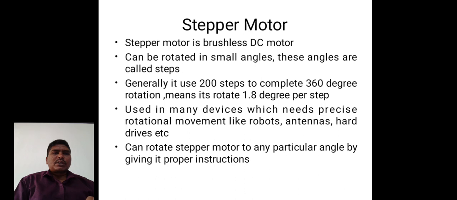The stepper motor is a brushless DC motor and it can rotate in small angles, and these angles are called steps. Generally it uses 200 steps to complete a 360-degree rotation. That means it rotates 1.8 degrees per step.